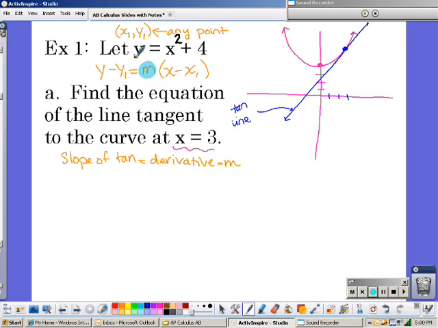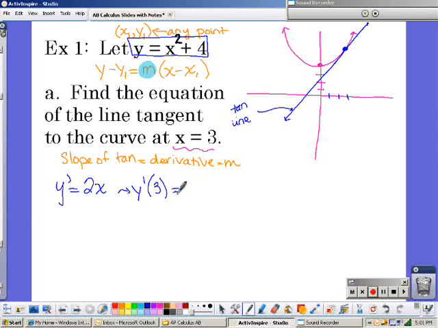We're going to use our derivative rules and find the derivative. So y prime equals, this is a pretty easy power rule problem. We've got 2x. The derivative of this 4 is going to be 0. So y prime equals 2x.